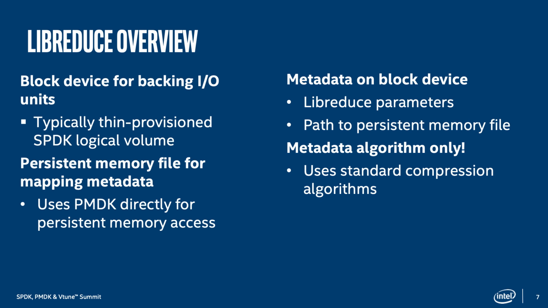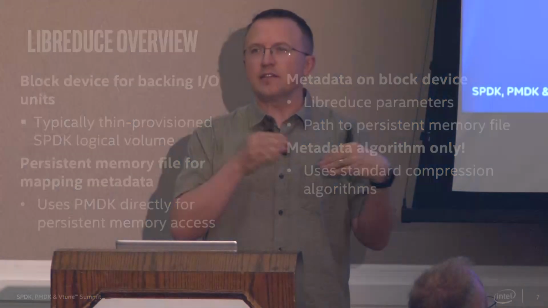And this is all predicated on having some sort of thin provisioning. As you'll see later on, we're going to write compressed blocks to this block device, starting from the beginning. As we need to write more compressed blocks, we'll end up allocating clusters, but we can use the SPDK thin provisioned logical volumes here to be able to realize the compression from the operations that we're going to be doing.